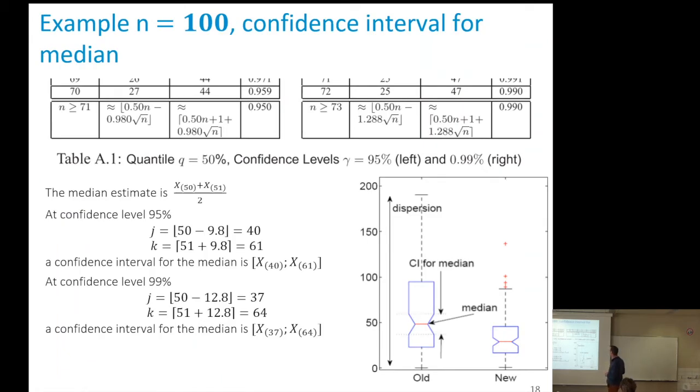For example, for the data set we had here, we had 100 data points. So it says we take the 40th and the 61st here. That gives me a confidence interval at confidence level 95%.